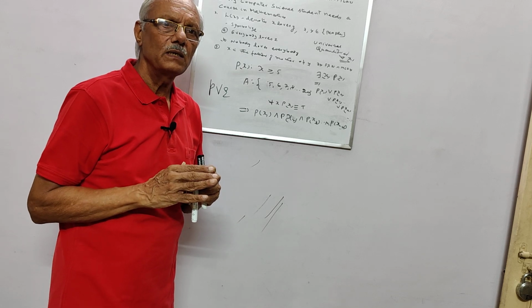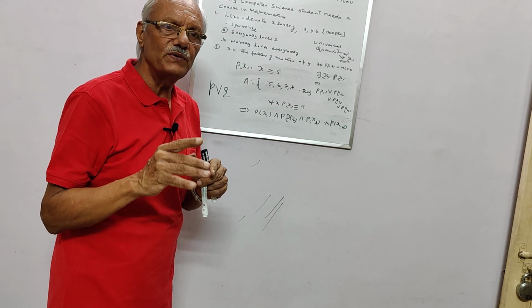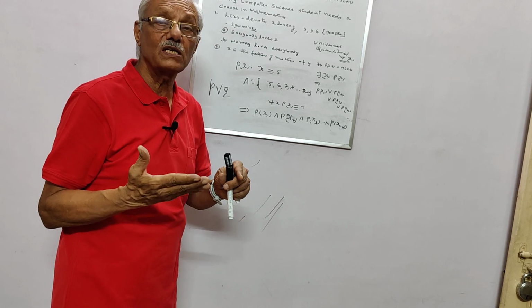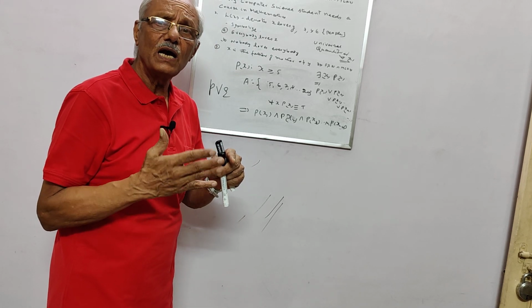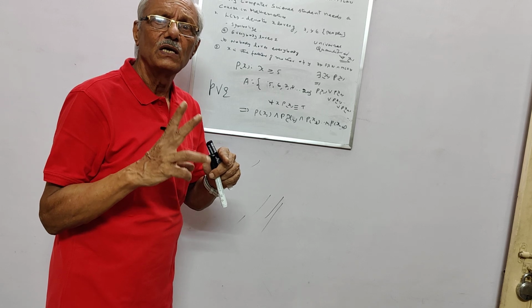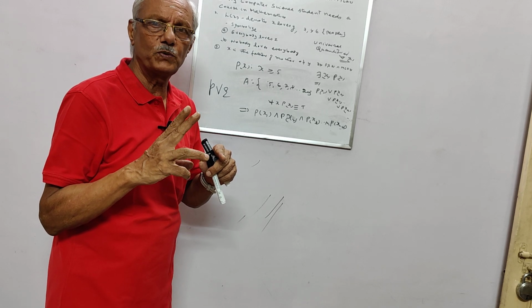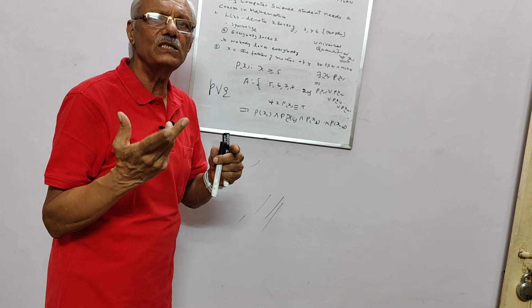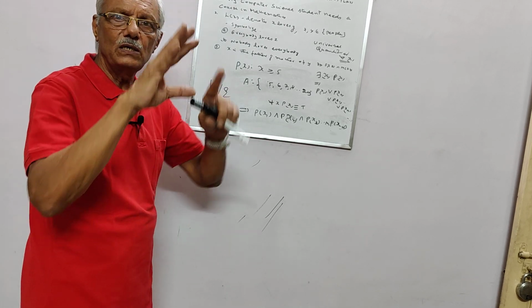What does this mean? Even if one is true, the whole statement is true. There are two propositions given, and even if one proposition is true, it is true, because we have studied the truth table.